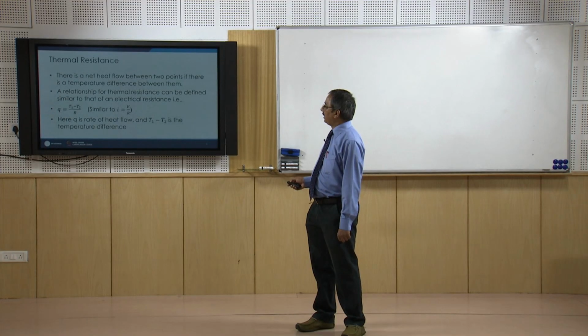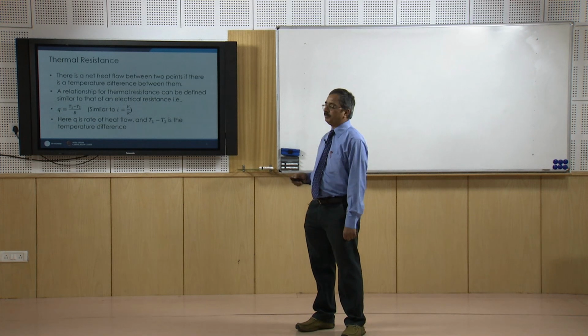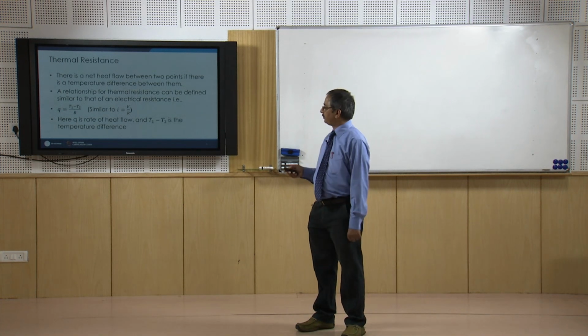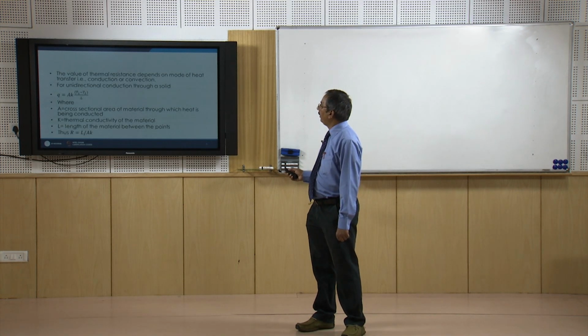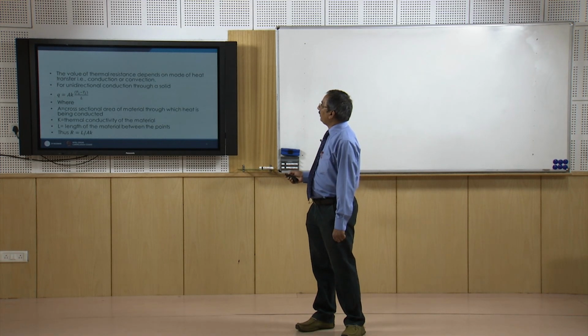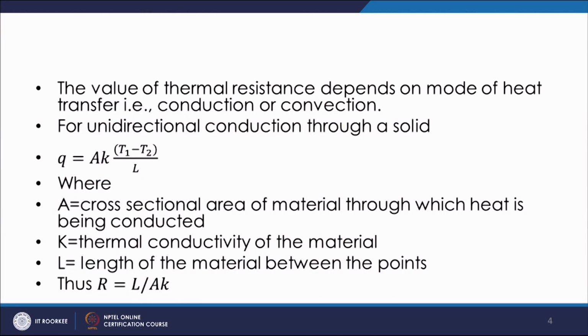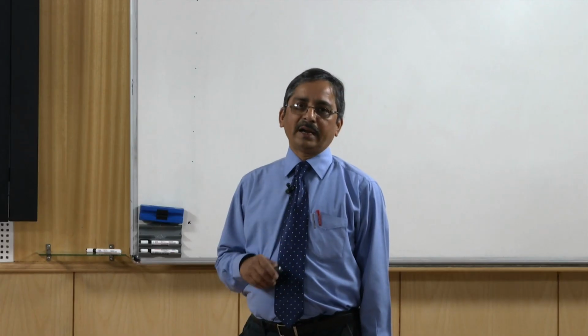And of course, here we have the thermal resistance, and here we have the electrical resistance. Now, the value of thermal resistance depends on the mode of heat transfer, that is, whether the heat transfer is taking place through convection or through conduction.